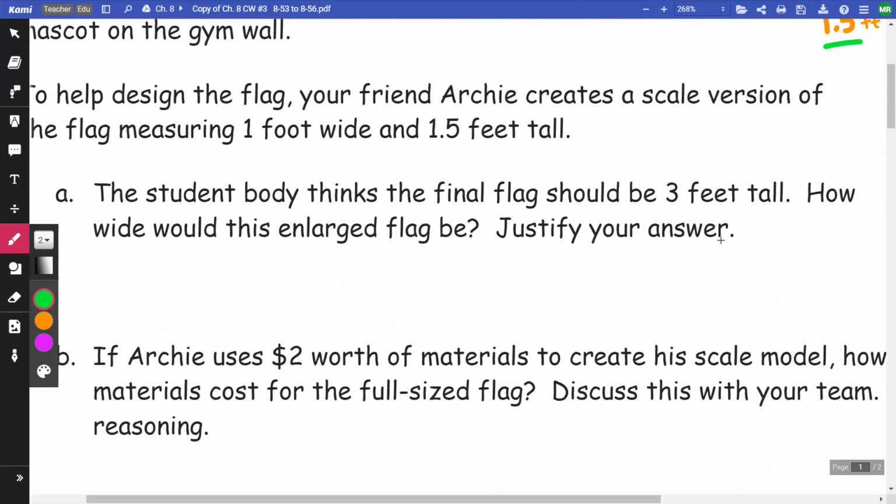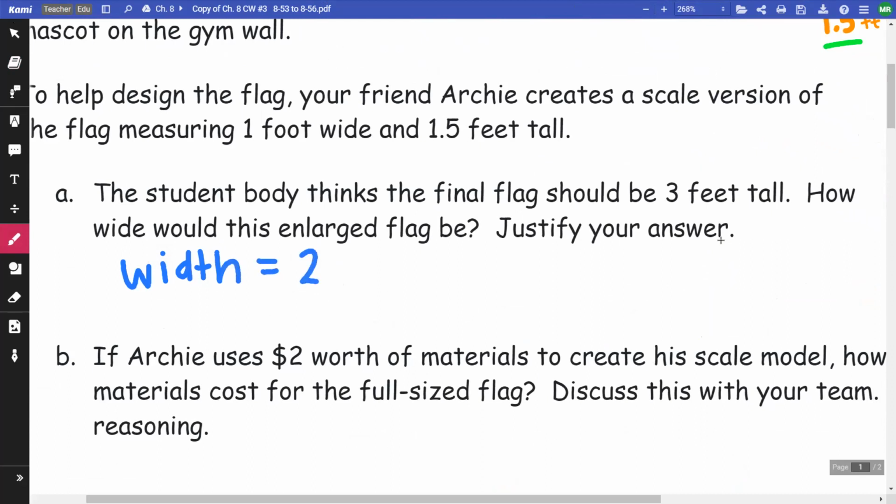So here, when they're asking us to answer this, the width is going to equal 2.